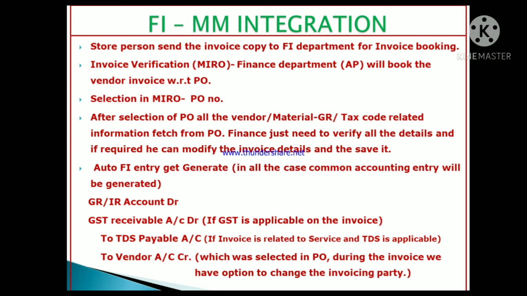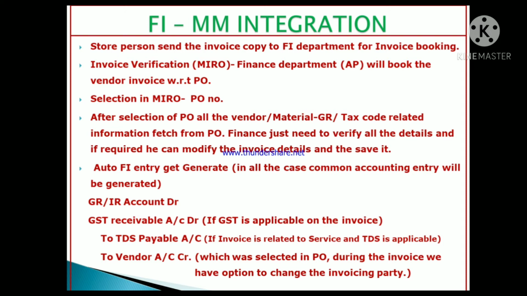And what is the automatic FI entry that gets generated? In all cases, a common accounting entry will be generated. The entry will be GRIR account debit and GST receivable account debit, if GST is applicable.